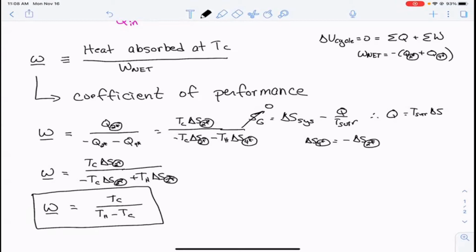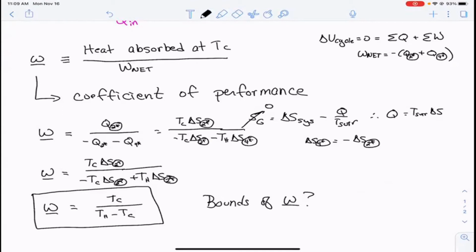Okay. So then the next thing I'd like to ask you guys is, what are the bounds of the coefficient of performance? We know that the bound on the efficiency is that the efficiency has to be less than or equal to 1. But what are the bounds for the coefficient of performance?